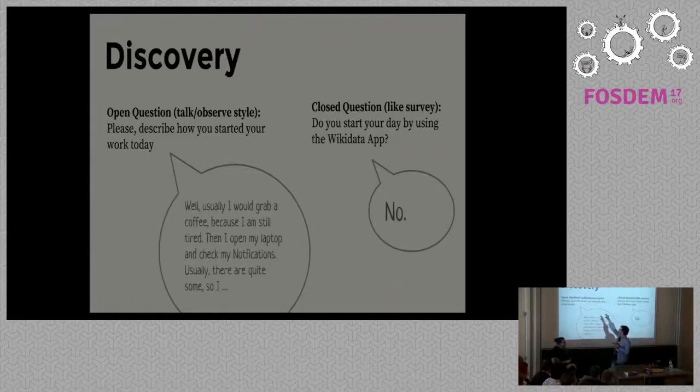So we strive to ask open questions in a sort of conversation and observing the user style. That would be like, please describe how you started your work today. That demands a story-like answer in which you potentially get much new information, and the users can talk paragraphs over paragraphs, if transcribed, about how they started their day.